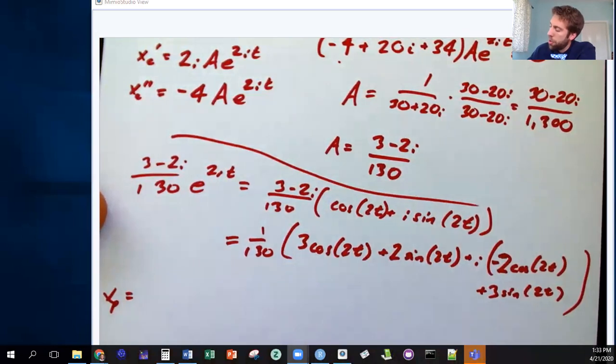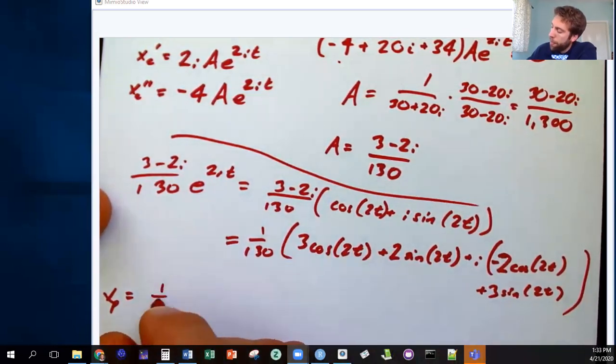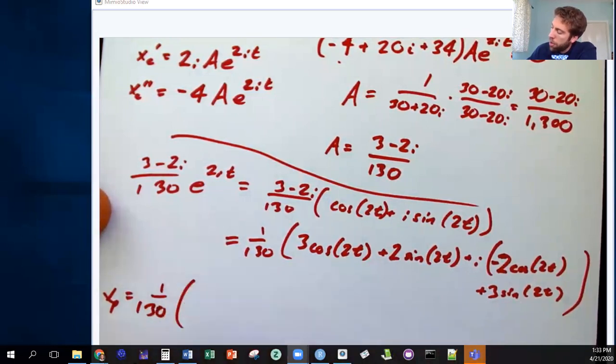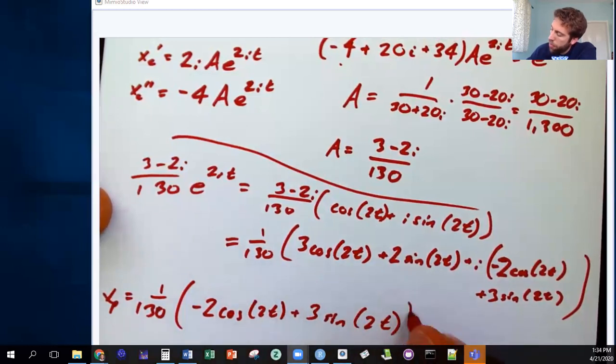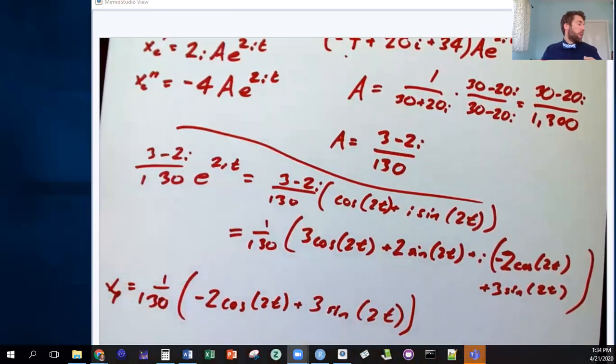So it equals 1 over 130 times negative 2 cosine 2t plus 3 sine of 2t. Well, that's a lot of complex arithmetic. There's actually a way to do it that's a little bit easier and also shows a little bit more understanding of what's going on.